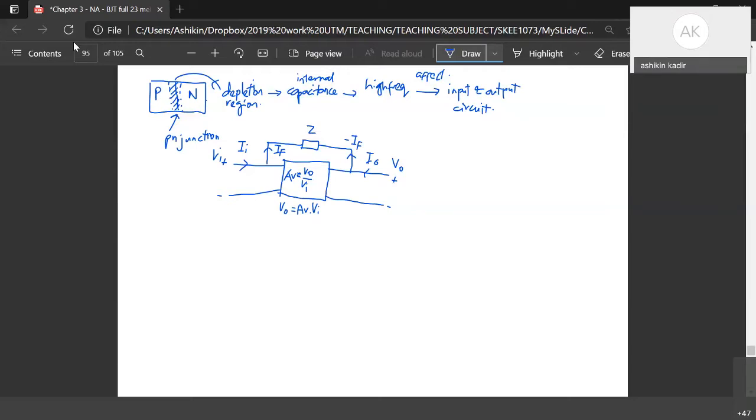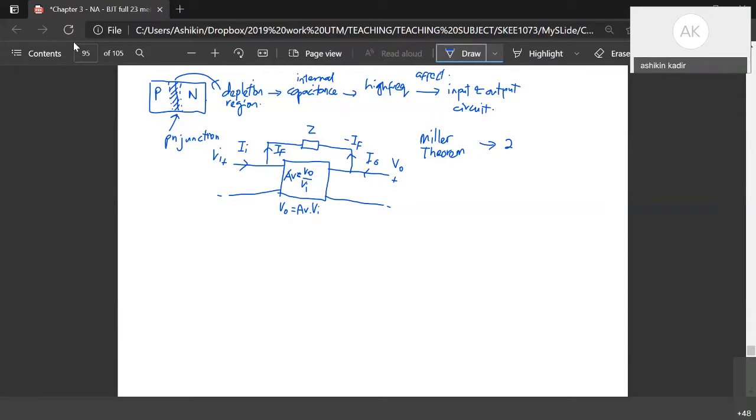So the internal capacitance Z here, we want to replace with something. Here we can apply the Miller theorem. Miller theorem says that the capacitance can be replaced with two capacitors, at the input and also at the output.